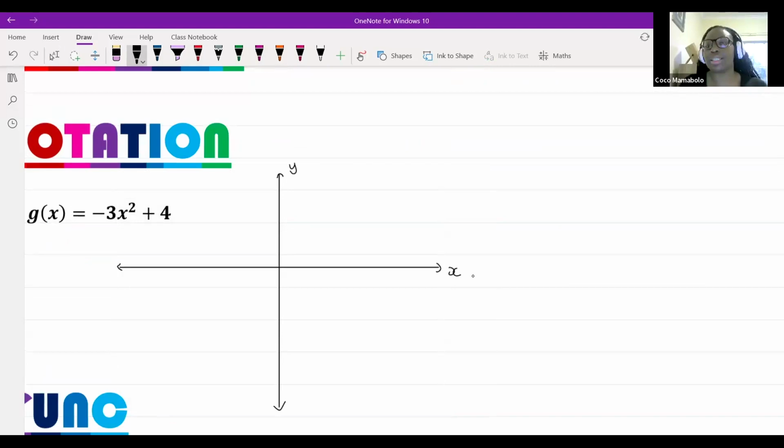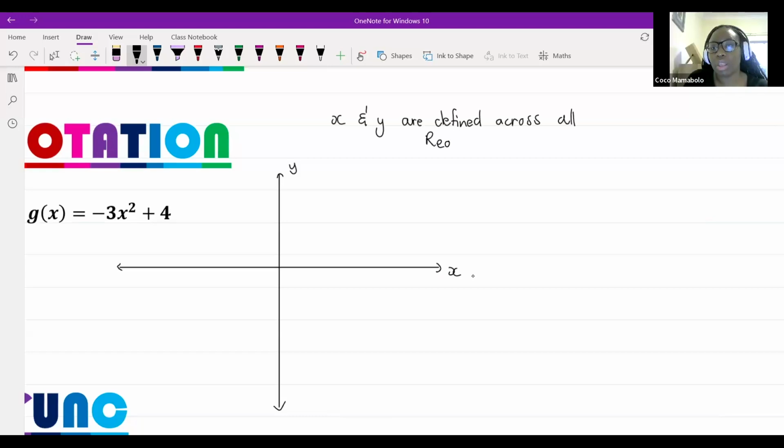Let's remember that. Actually both x and y are defined across all real numbers. Now, let's talk about what this means.